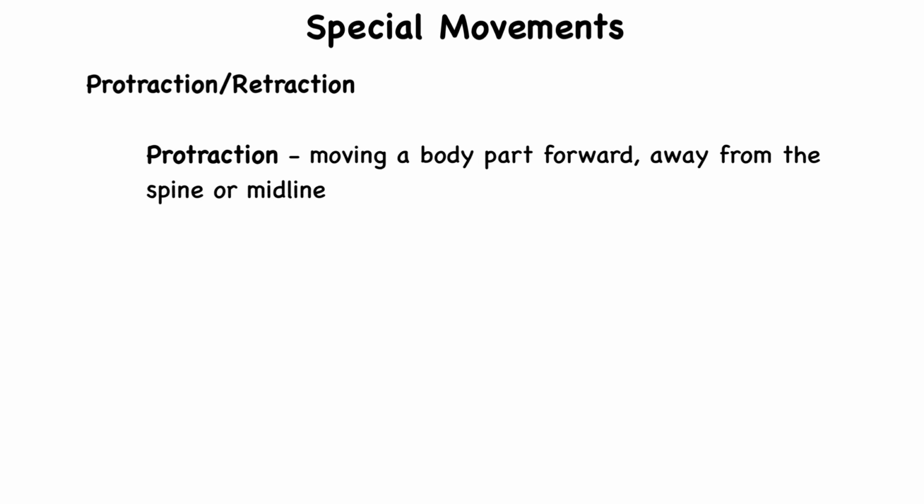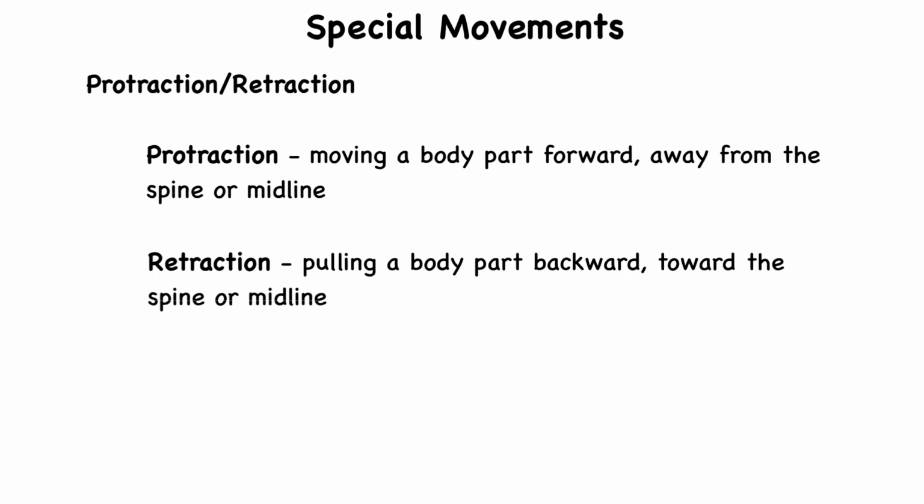Examples include pushing your shoulders forward, like when you're reaching out or slouching, or sticking your jaw out like making an underbite. Retraction is pulling a body part backward toward the spine or midline. Examples include squeezing your shoulder blades together or pulling your jaw back in after protraction.